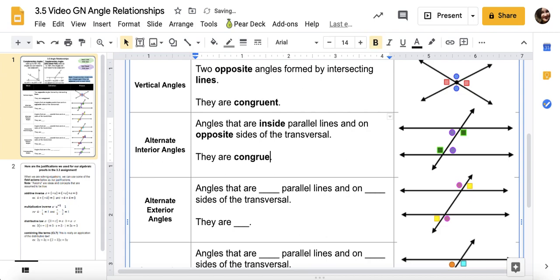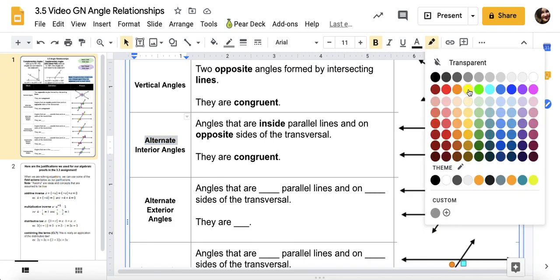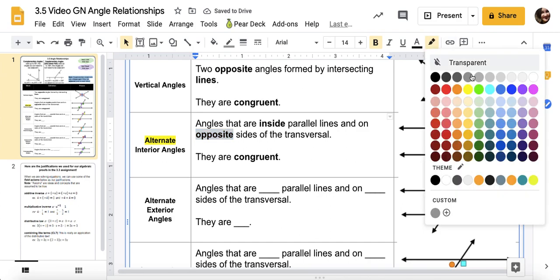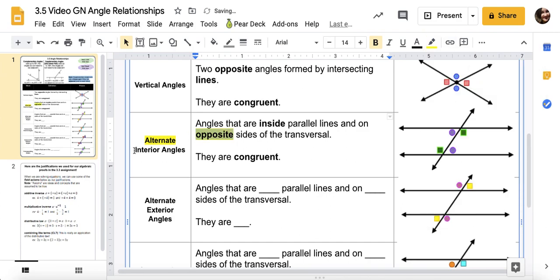These are called our alternate interior angles. Alternate relates to them being on opposite sides. And the interior part of that name refers to them being inside the parallel lines. So that's where alternate interior comes from.